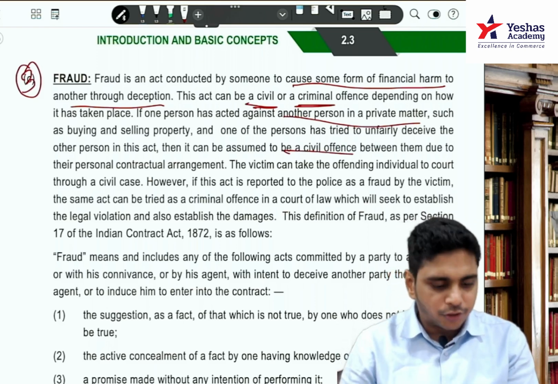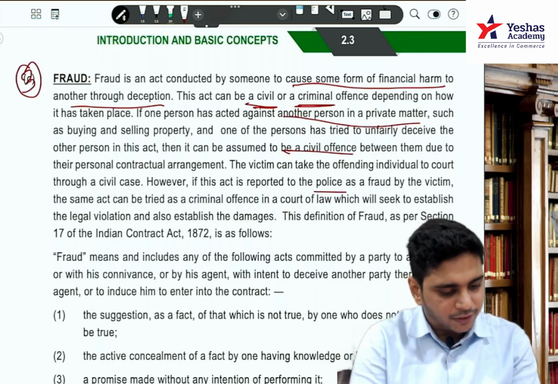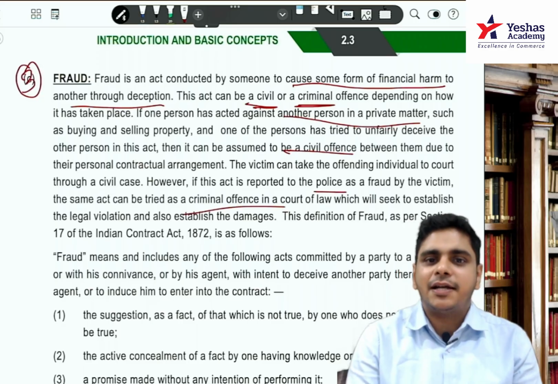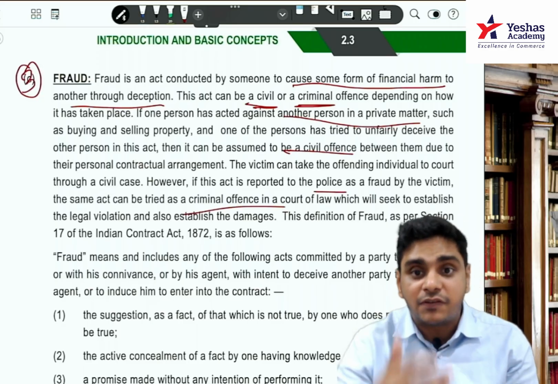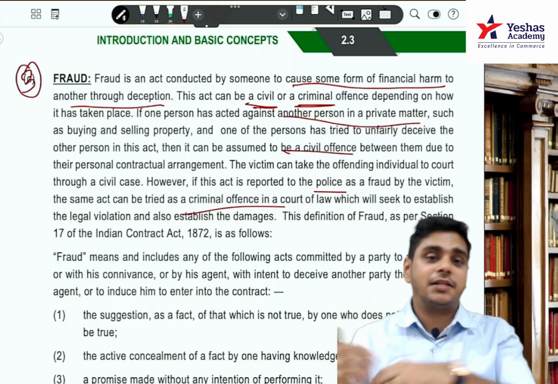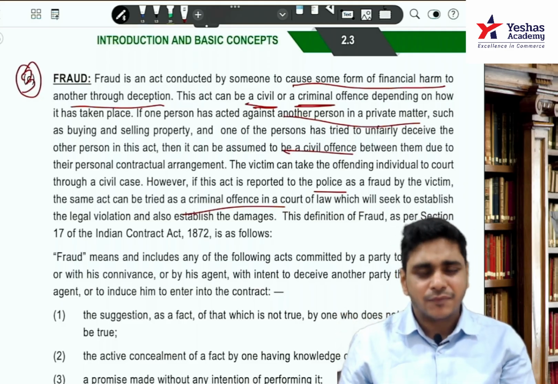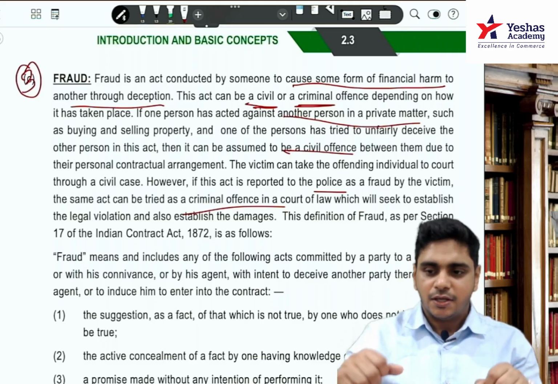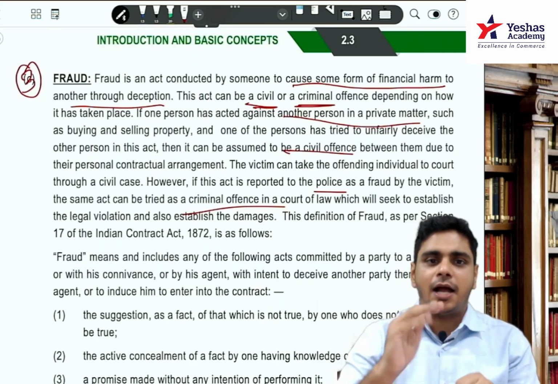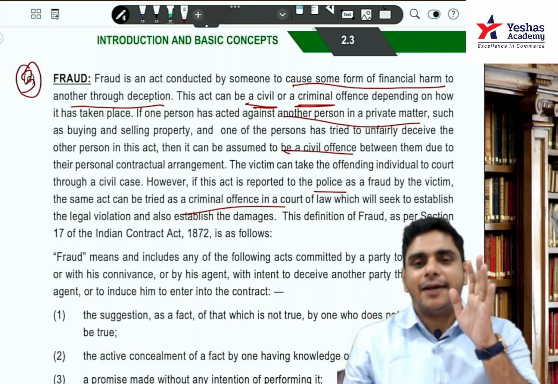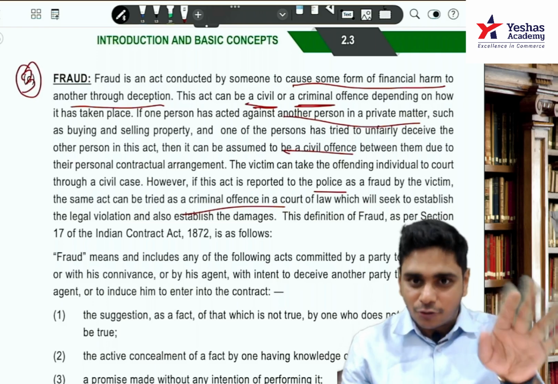However, if the act is reported to police as a fraud by the victim, then it can be tried as a criminal offense also. So here we can't say it is civil or criminal, it will depend upon the severity of the offense. For example, if somebody was riding a bike and he broke the signal, it's a civil offense. He broke the signal and he banged the scooty of a lady.